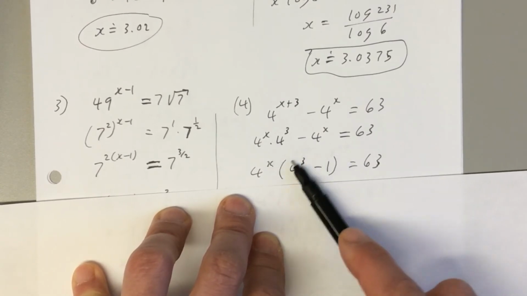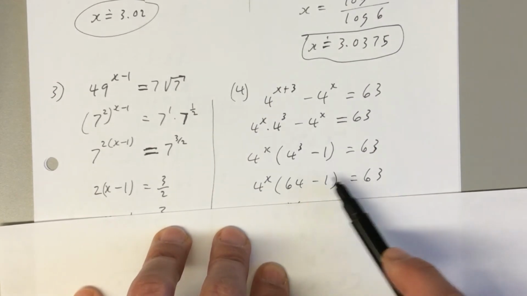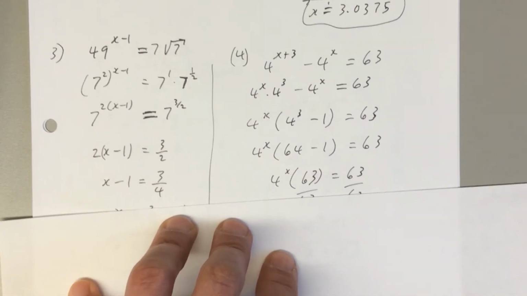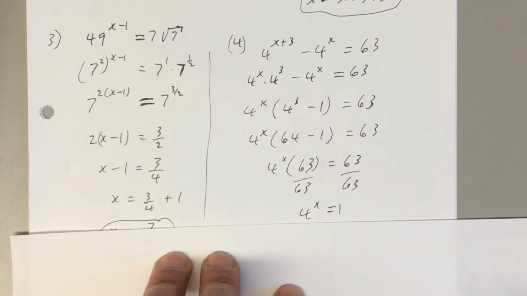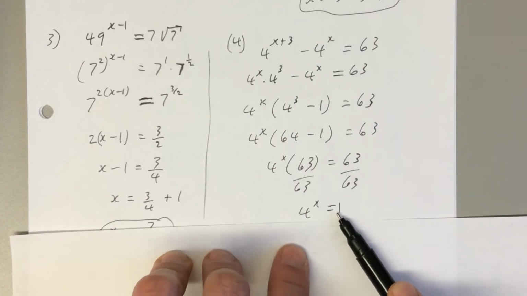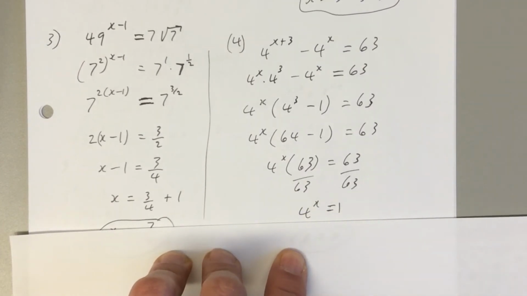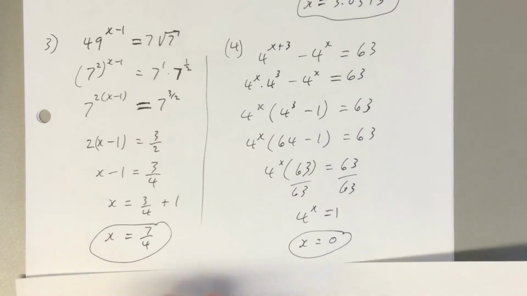Then I can evaluate that: 64 minus 1, which is 63. Then 63 divided by 63 is just 1, and I get 4 to the x equals 1. The exponent then has to be 0, because anything to the 0 equals 1. So 4 to the 0 equals 1, so x equals 0.